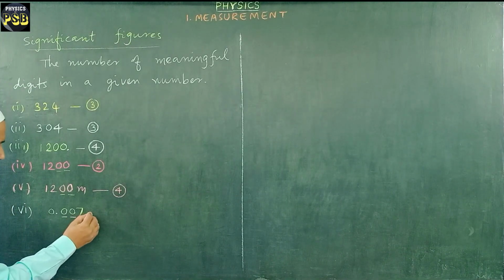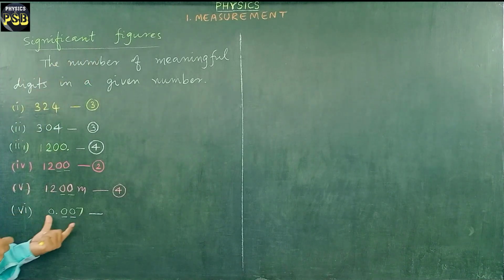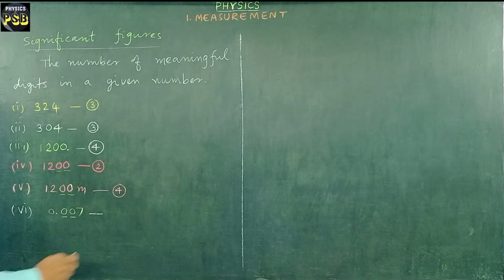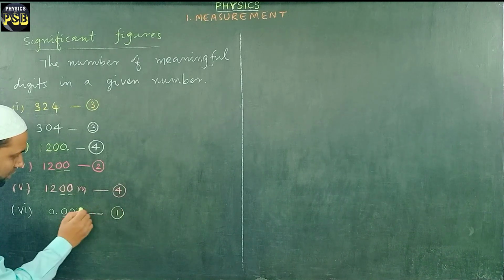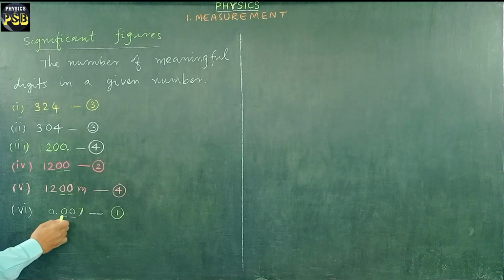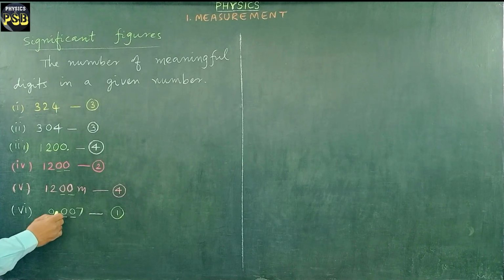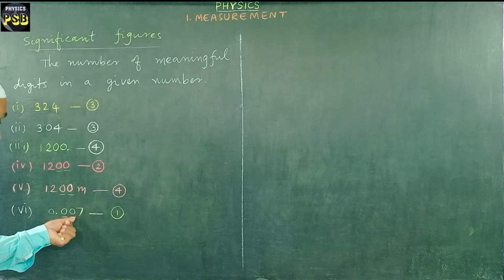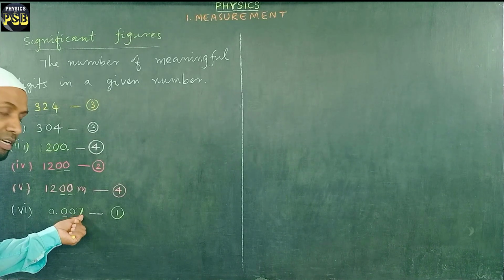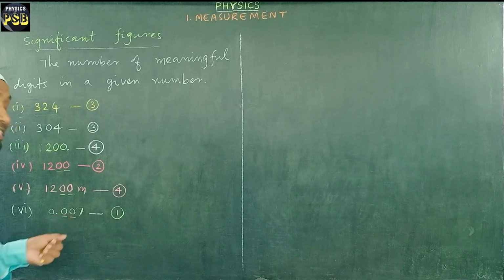So here the count of significant figures in this number is nothing but 1. Only one digit is meaningful here. Clear? I repeat, zeros present on the right side of the decimal point and on the left side of a non-zero digit are considered insignificant.